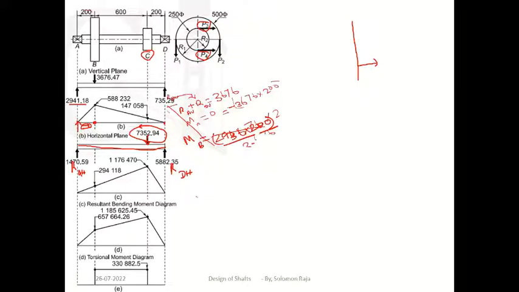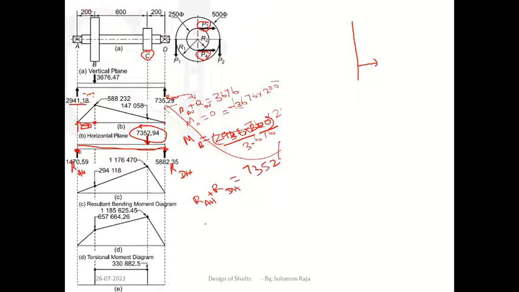Okay. So RAH plus RDH equal to 7352. Okay. Now take moment about any one point, either this point or this point. Take moment about any one point. Okay. So let me take moment about this point.